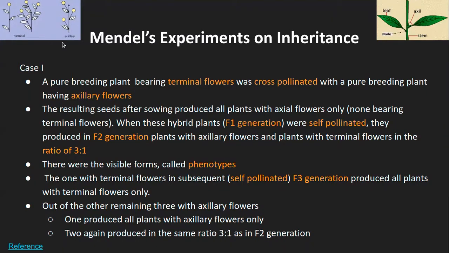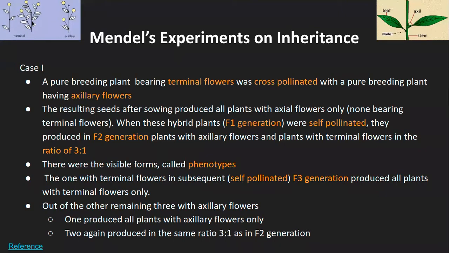Now, here is the diagram on the top left corner, which shows you what is meant by terminal and axillary flowers. Terminal means at the end of the branch of the tree. At every end of the branch there will be a flower and nowhere in between. And axillary means at every junction of the branch from where the leaf is arising, there will be a flower.